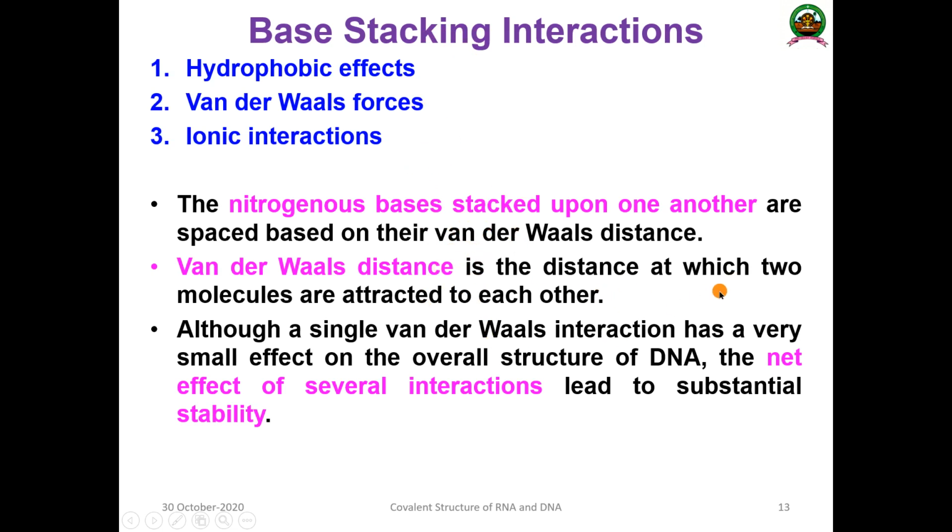A single van der Waals interaction has a very small effect on the overall structure of the DNA, but the effect of several interactions leads to substantial stability of the DNA molecule. This is commonly known as base stacking.